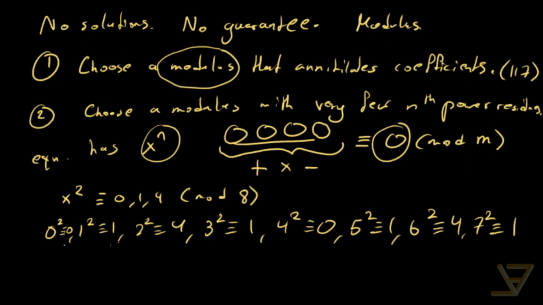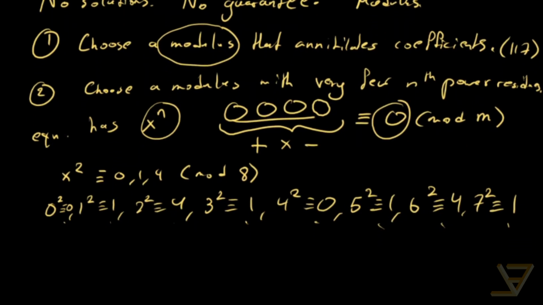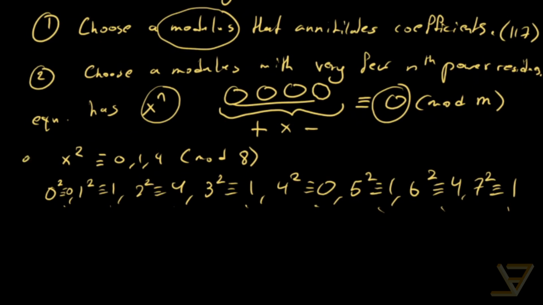So we have 0, 1, 4, 1, 0, 1, 4, 1. That's one example. We also have x cubed is congruent to 0, 1, and negative 1 mod 9, as we saw in the Lewis equation.